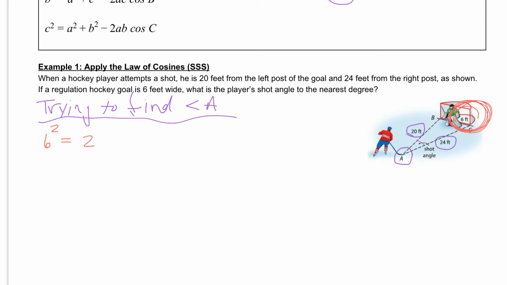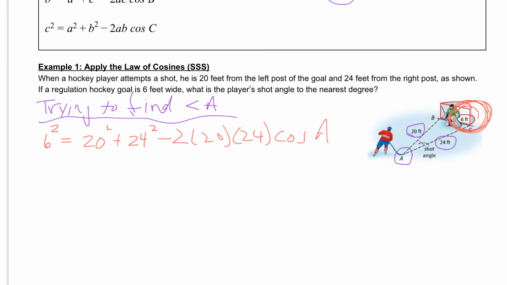So 20 squared plus 24 squared minus 2 times both of these sides, so times 20 times 24 times the cosine of the angle across from the side that we have on the left, which would be the cosine of A. And that's what we're trying to find, cosine of A.